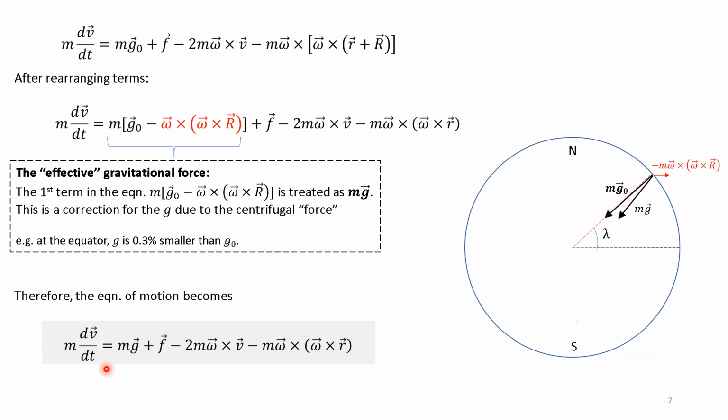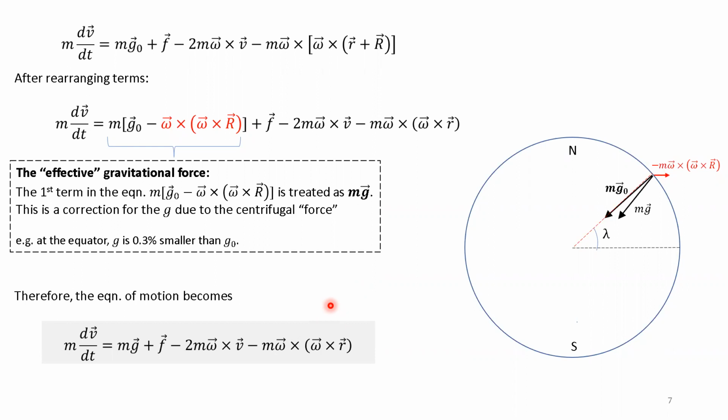Now we are ready to really talk about some motions, for a particle standing at the surface of the Earth. The first thing I want to talk about is a particle that is not moving.